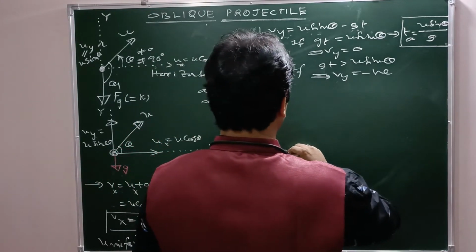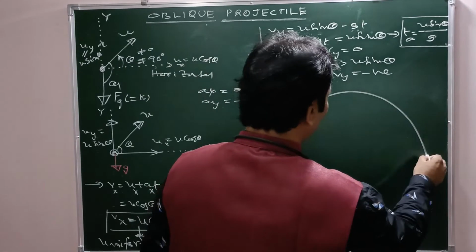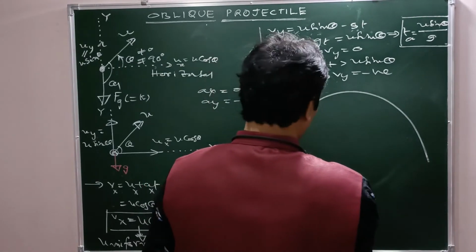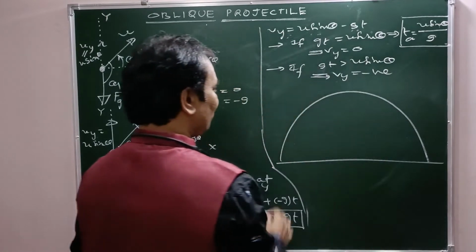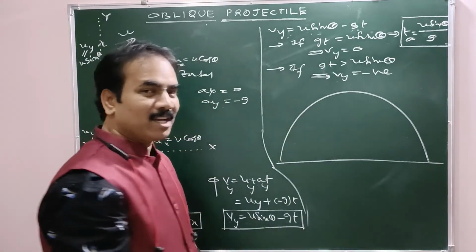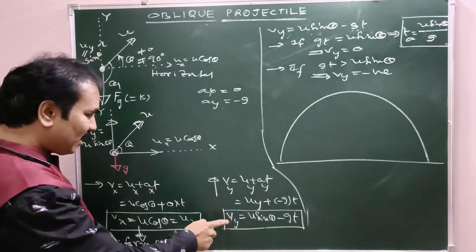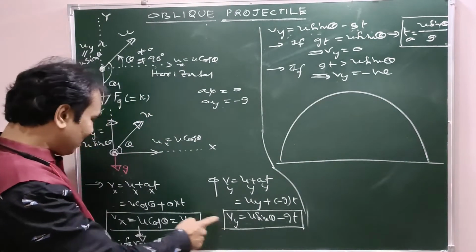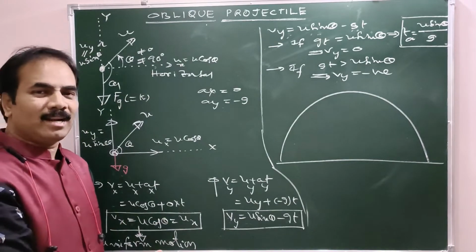This is the path of the projectile. So it takes a parabolic path because of the combined effect of the vertical component of velocity and the horizontal component of velocity.